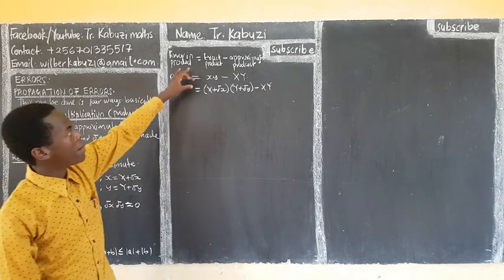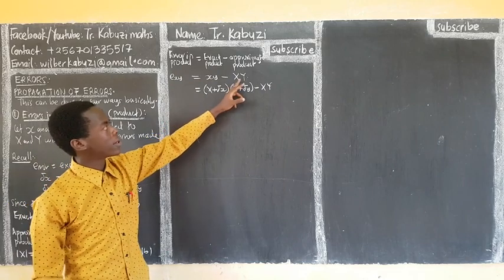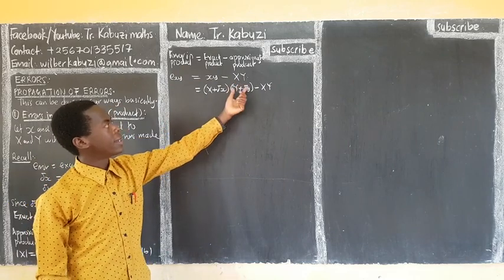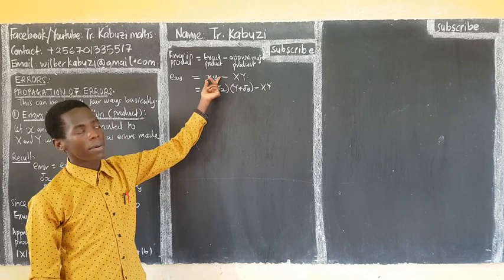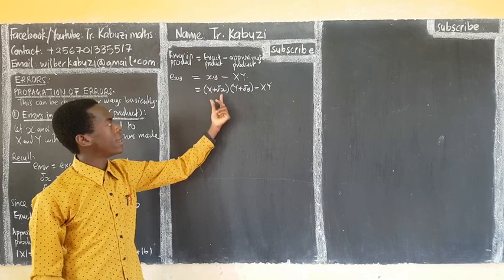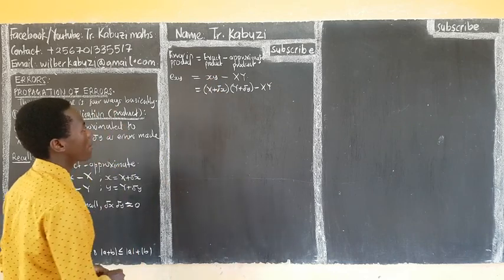There, we remove the exact values because the approximate values are there, so we introduce approximate values inside, like this. We multiply.